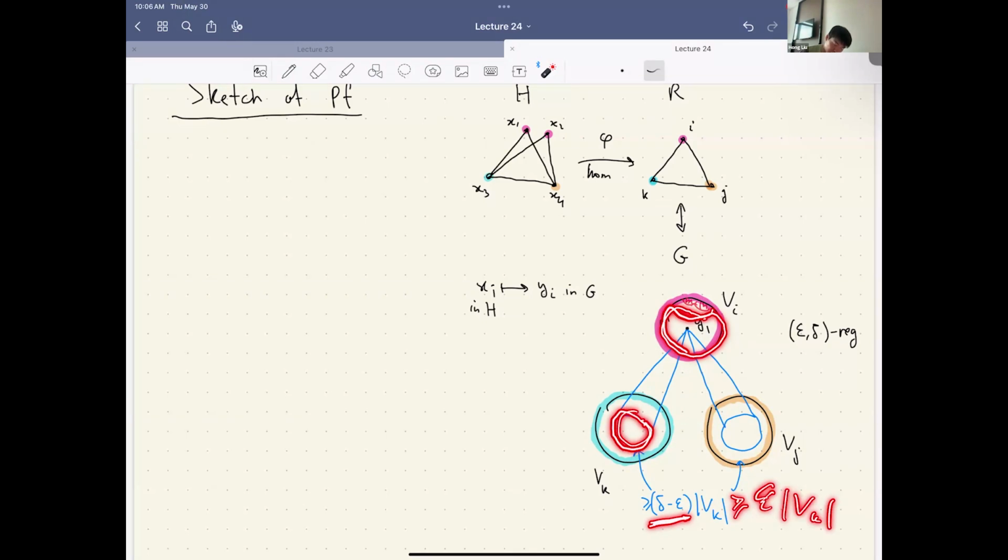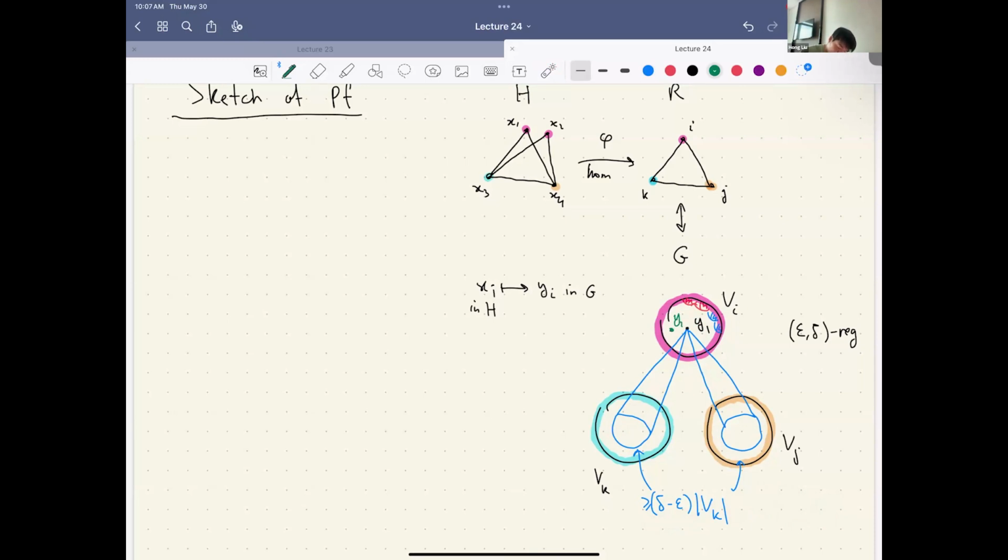So this part is also regular, although the regularity parameter is slightly weaker. What it means is that most of the vertices inside here have the correct degree to these two parts. So you can scoop out some bad vertices once again. You do some updating one more time. You scoop out some bad ones with respect to these two blue parts. Now you can embed y2.